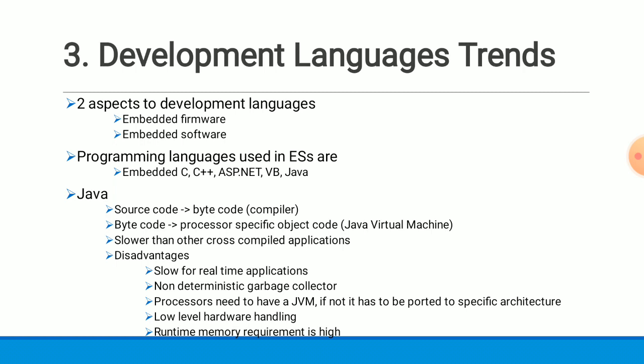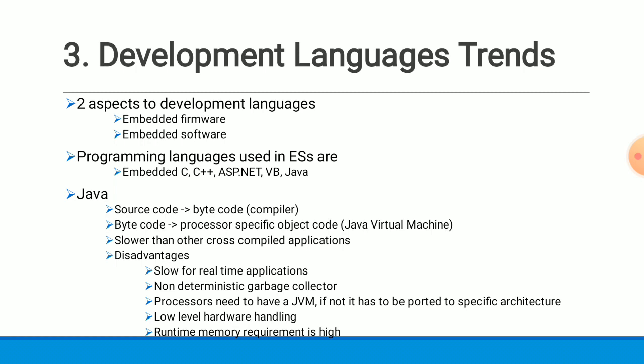And those disadvantages are, first one is for real-time applications Java is slow. That is the first reason. Second reason is garbage collector of Java is non-deterministic in behavior, which makes it not suitable for hard real-time systems. And third one is processors need to have a built-in version of JVM.